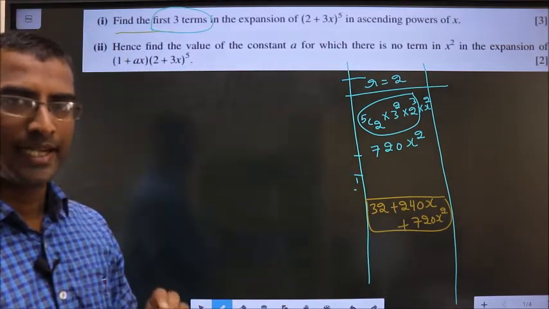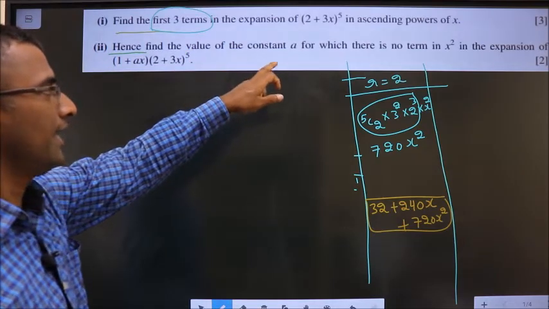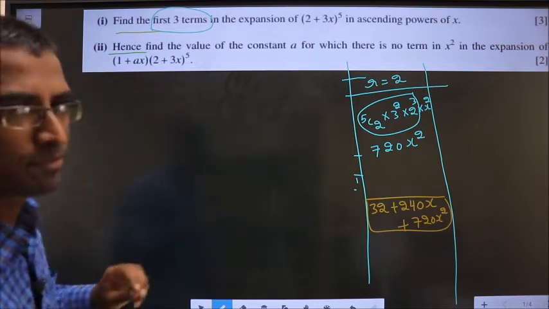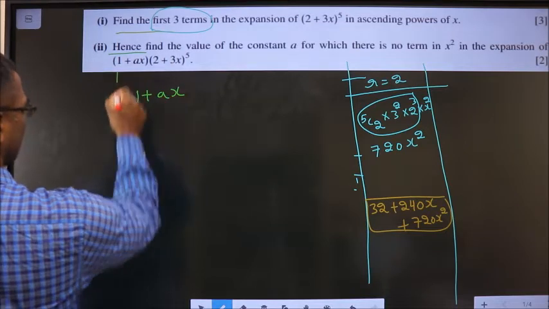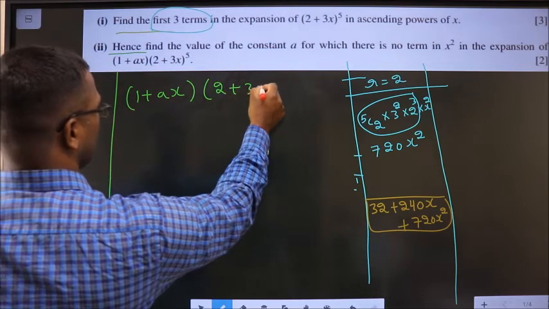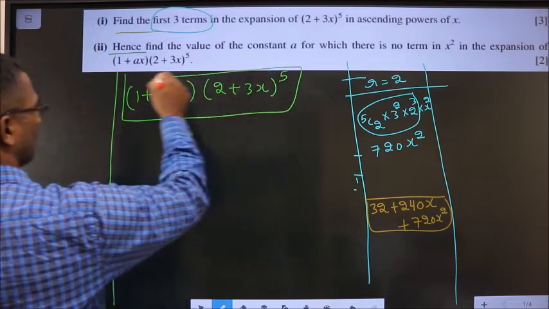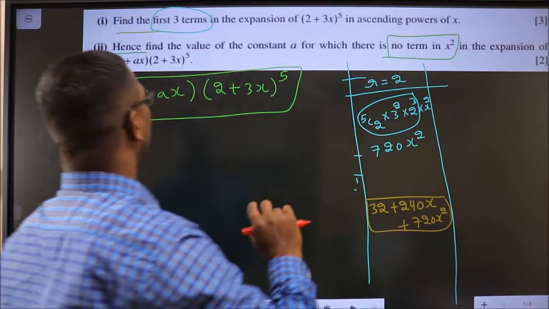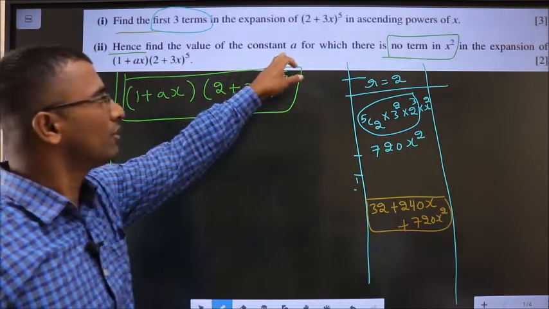Okay. Second bit. Hence, find the value of the constant a for which there is no term in x square in the expansion of (1 + ax)(2 + 3x)^5. In this expansion, there should be no term in x square is the condition which you should use to get the value of a.